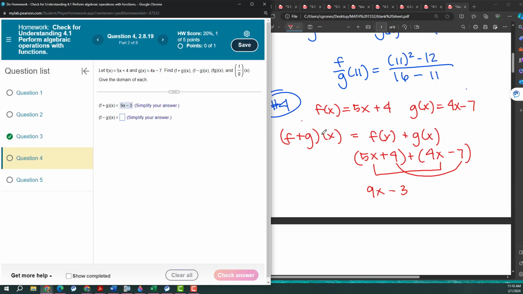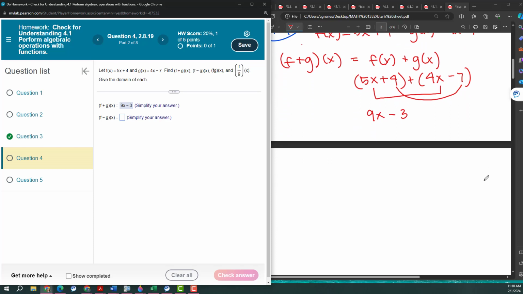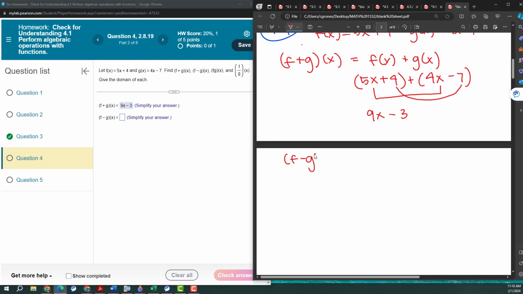All right, let's look at f minus g of x. And that's just going to be f of x minus g of x. So we've got 5x plus 4 minus 4x minus 7.